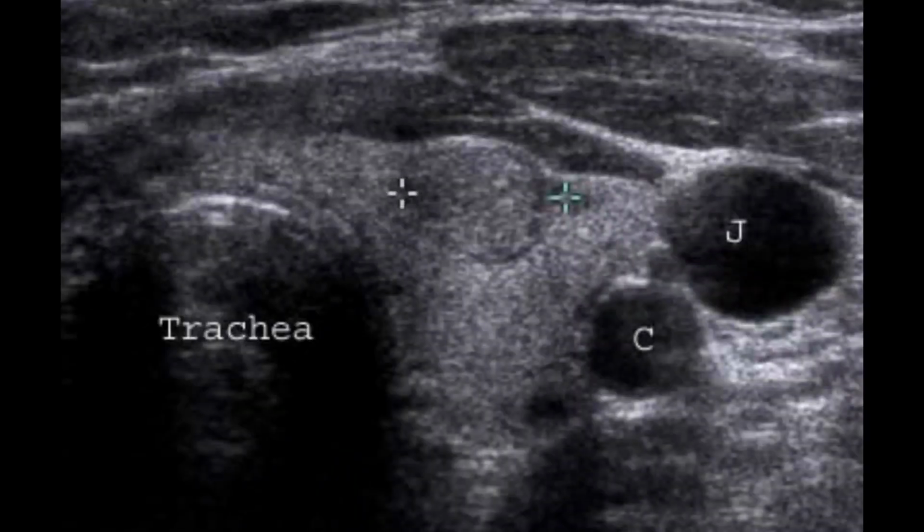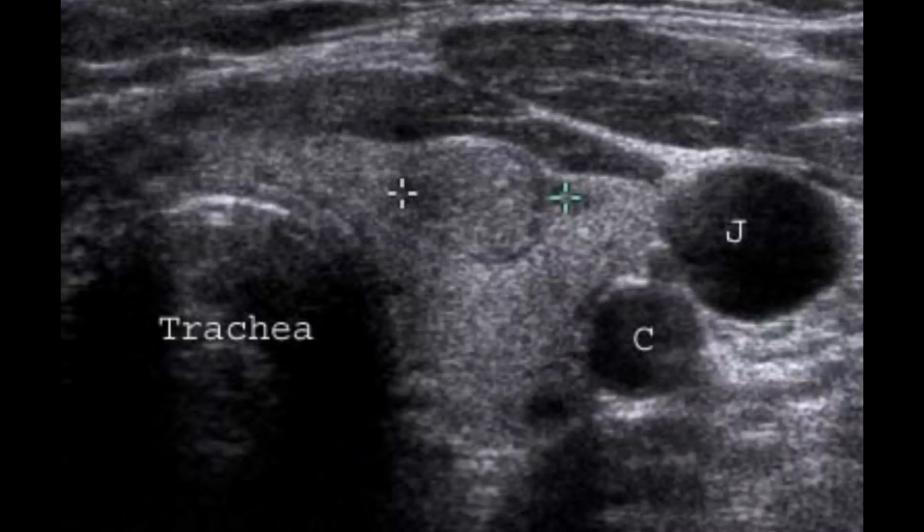This is another example of a solid nodule which happens to be very hypoechoic compared to the thyroid. Always pay attention, because many a time you might miss this nodule as it will not be clearly visible during the scan. U4 classification is usually suspicious, and FNAC is required to look for whether it is malignant and for staging of the malignancy.